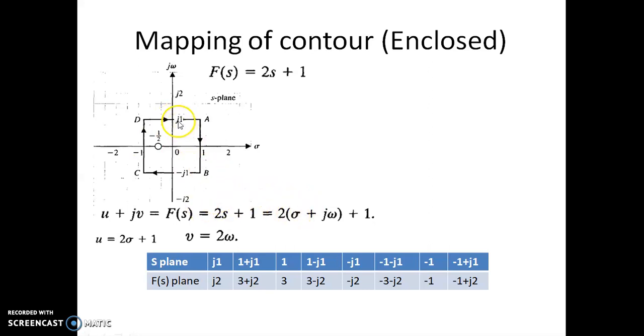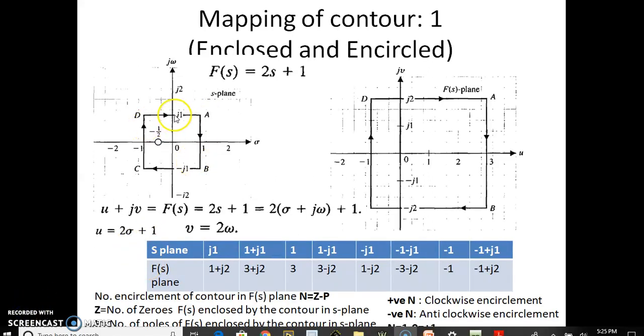For a value of j1, what are the corresponding values of u plus jv? If you substitute the values of omega and sigma here, omega is equal to 1 and sigma is equal to 0. Since the real part is 0, u is 2 times 0 plus 1, so the real part is 1, whereas omega is equal to 1, so the v value happens to be 2 times 1, which is 2.